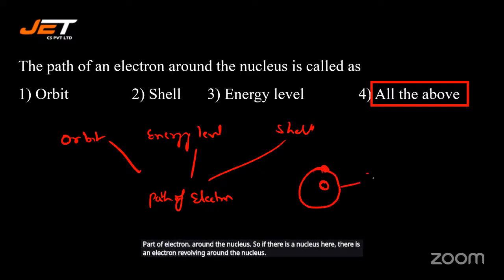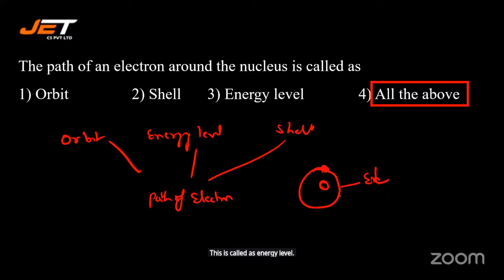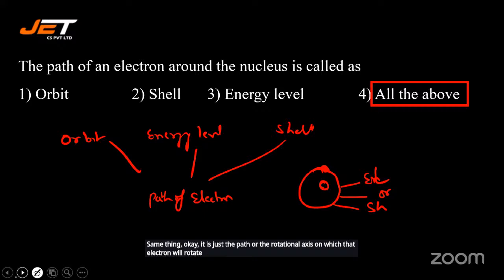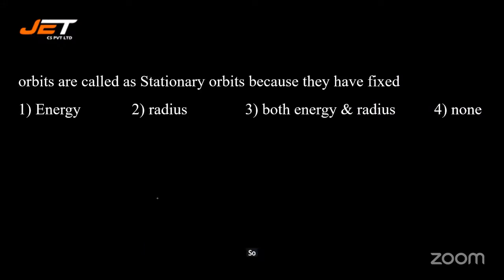This is called as energy level. This is called as orbit. This is also called as shell. So all three names are signifying the same thing. Okay, it is just the path or the rotational axis on which that electron will rotate. Is it okay? So the next question.